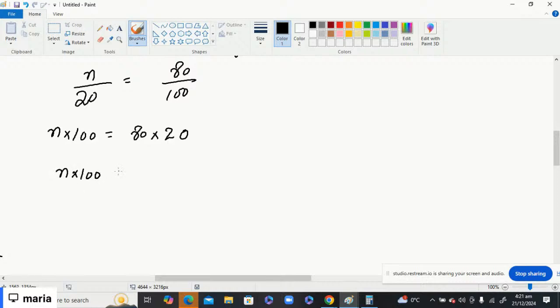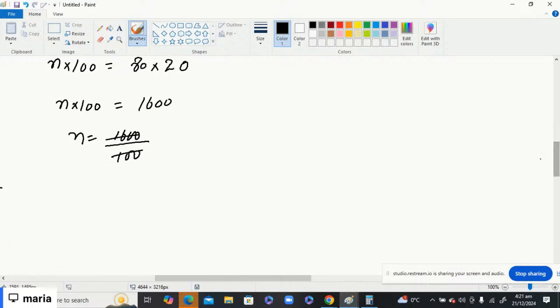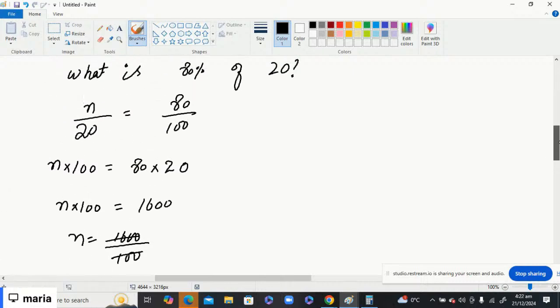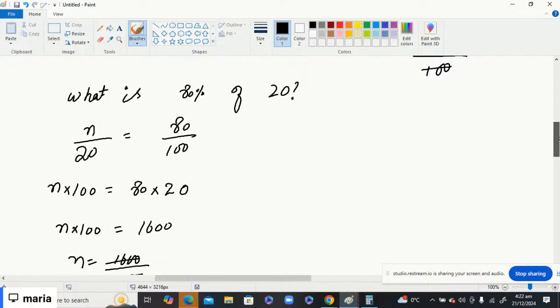So n times 100 equals 1600. So n equals 1600 over 100. So here we get the answer, n equals 16. Okay, this is the 80% of 20.